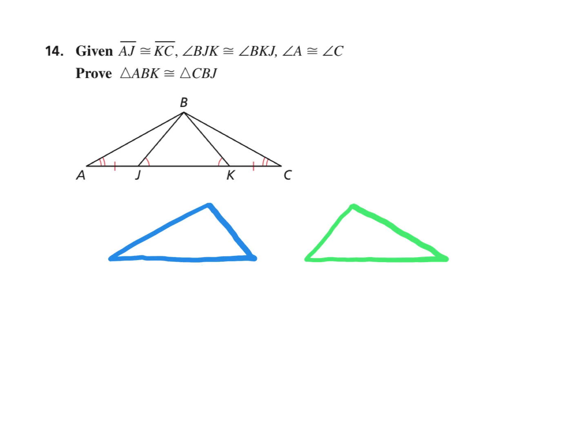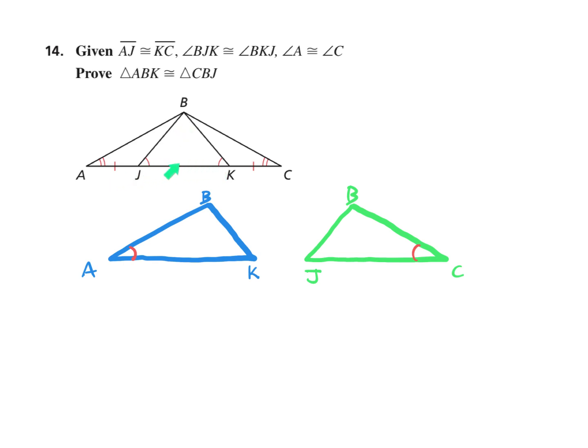Label them, and then mark the congruencies that were given in the original picture. So angle A is congruent to angle C. Angle BJC, which is right here, is congruent to angle BKA.